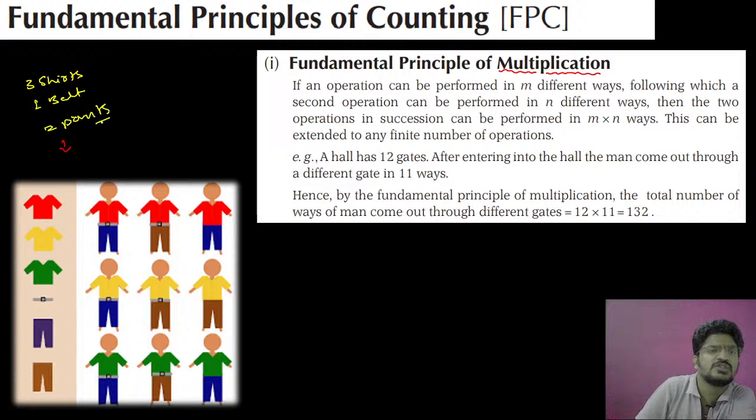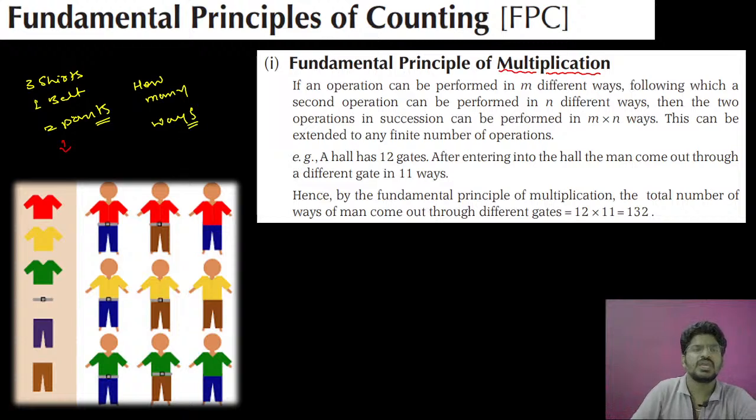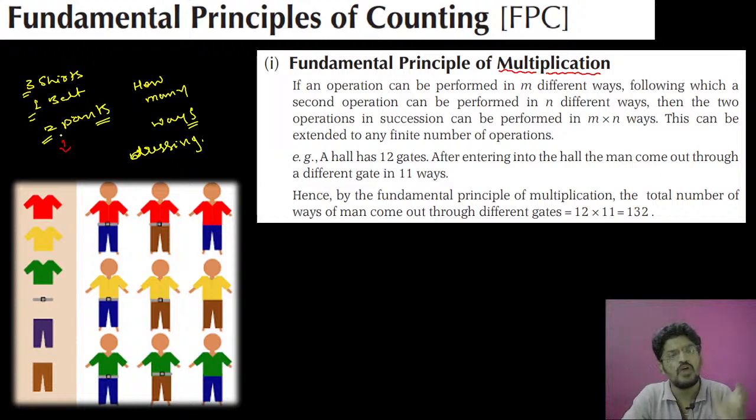Now I want to calculate in how many ways we can complete this dressing, or the boy has to be dressed. You have three shirts, one belt and two pants. So using three shirts, one belt, two pants, in how many ways can the boy be dressed? That is the main important thing.